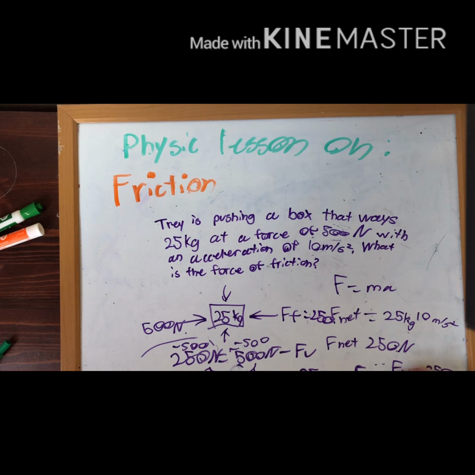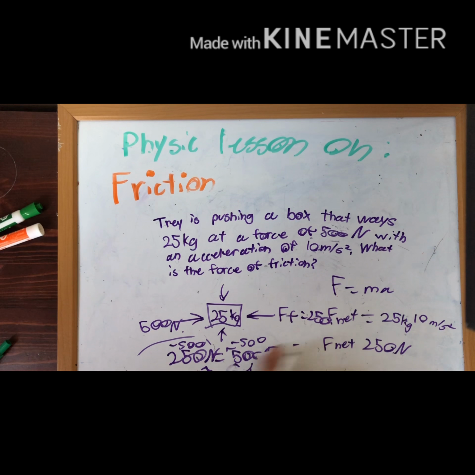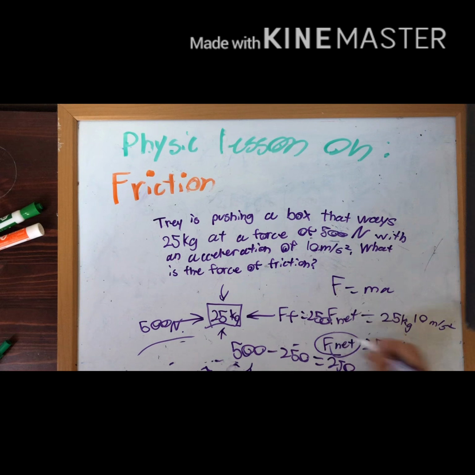We can know this is correct, because these two forces are counteracting each other, so you subtract them, and 500 minus 250 gives you 250, which also equals our F net. So the force of friction is 250 newtons.